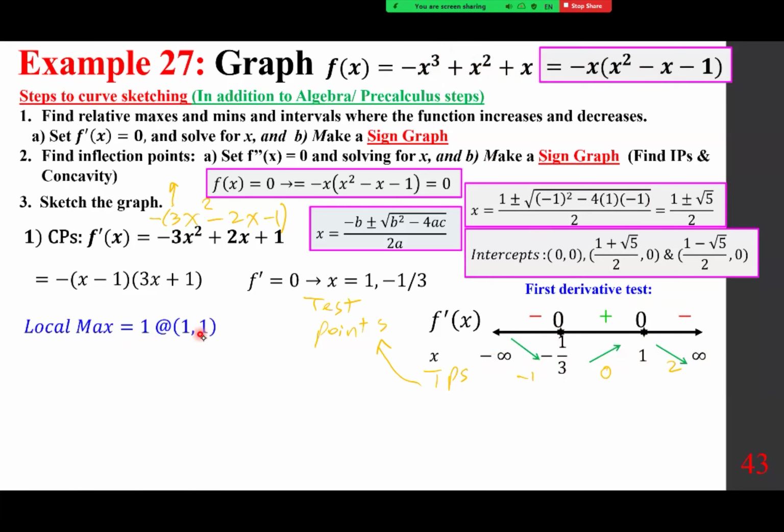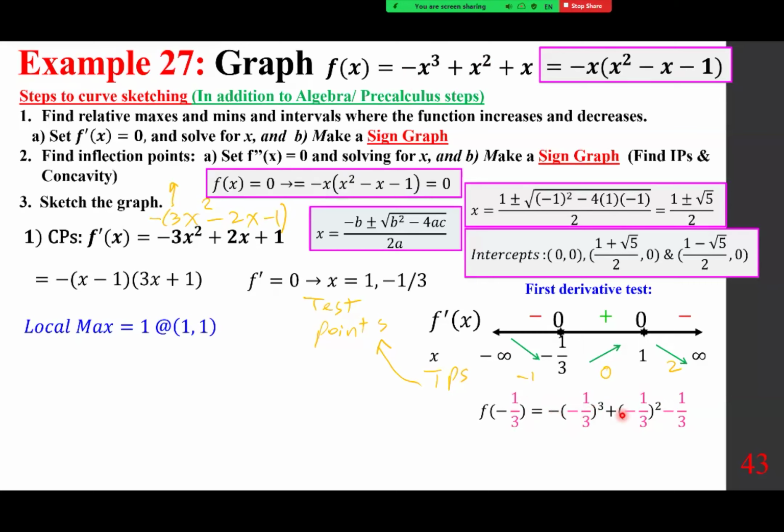So again, I'm going to put negative 1/3 in there. In fact, I'm going to show you because I want you to know you have to put it back into the original function and evaluate. If I put in minus 1/3, so negative remains: negative 1/3 cubed plus negative 1/3 squared minus 1/3. This one becomes negative 1 over 27.